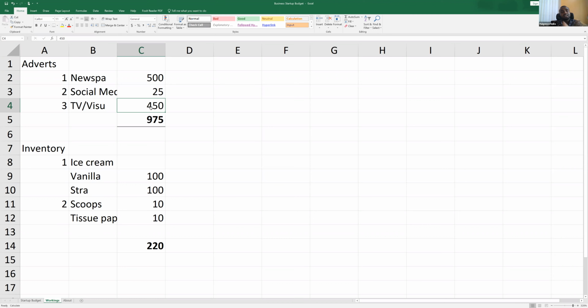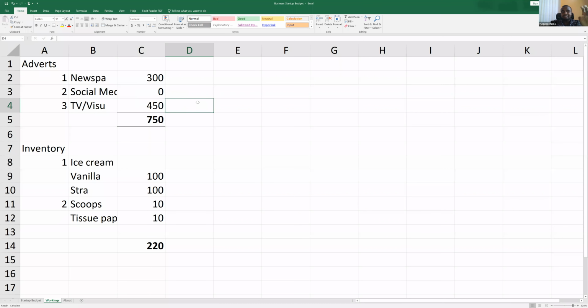So as an investor, I'll tell you, remove this item, put it 0, and I'll talk to my friend who is doing social media, and I'll work it out for you. Or for instance, if I'm working in a newspaper agency, I'll tell you to reduce this price. I'm going to take it to my organization to work on this newspaper ad. Rather than costing you 500, it will cost you 300 shillings.